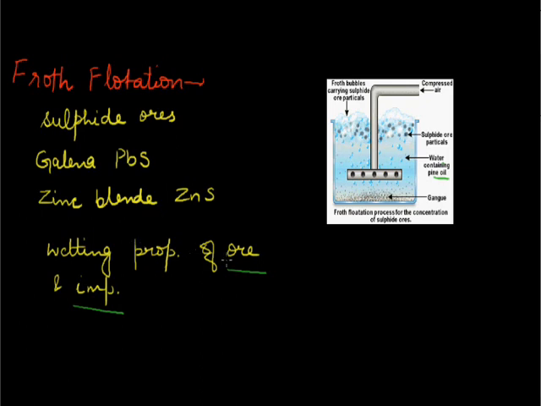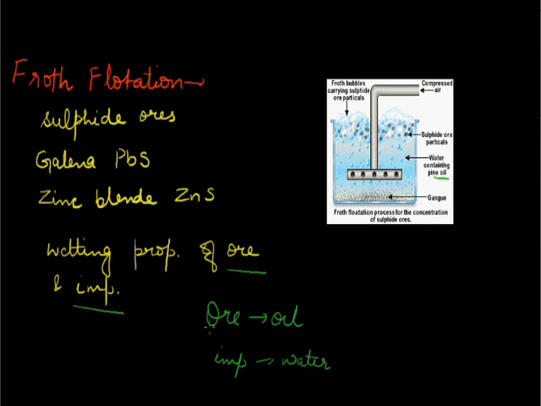Similarly, here there are two things, ore and impurity, which have different natures, and the property which we are using here is the difference in their wetting properties. So in this, basically, ore gets wet with oil, and the impurity gets wet with water. Getting wetted is basically interacting with the particular solvent.